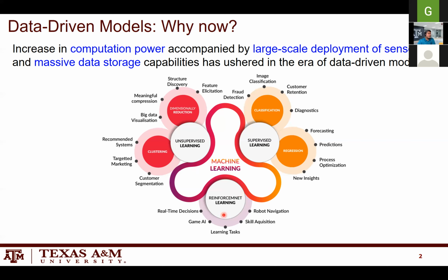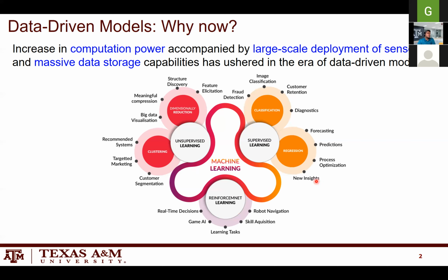I'm spending some time on reinforcement learning these days. In today's talk, I don't have any example of reinforcement learning. All these use cases that you see outside are mostly on the commercial side of things. So you can pick some of these commercial applications and try to use them for the subsurface world if you want.